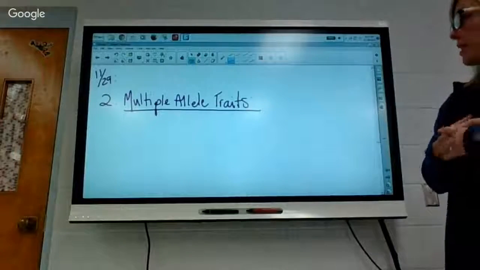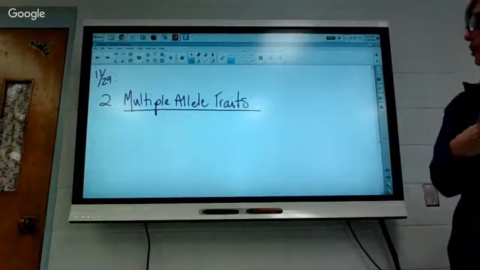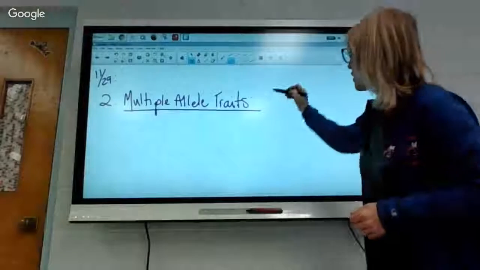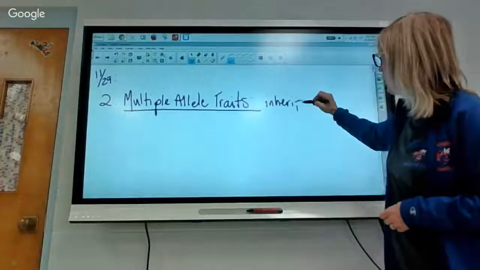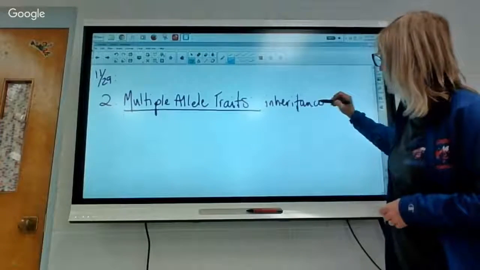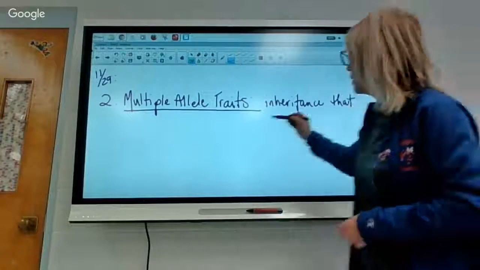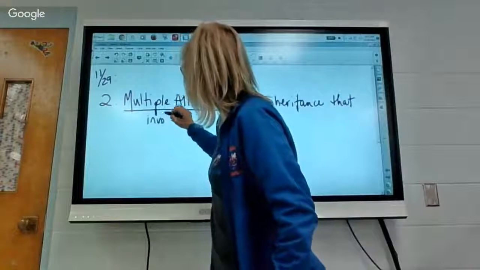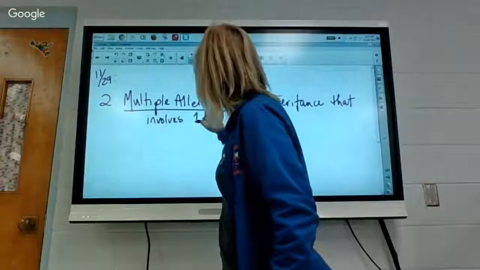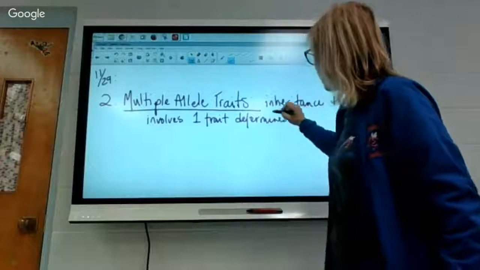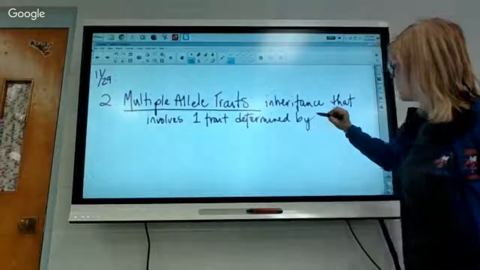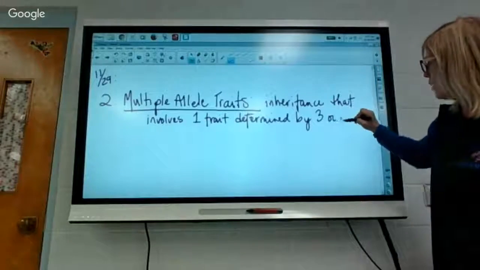It's pretty fascinating, actually. So multiple allele traits are inheritance that involves one trait determined by 3 or more alleles.